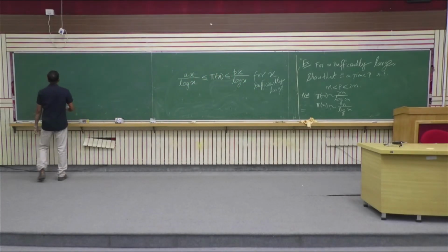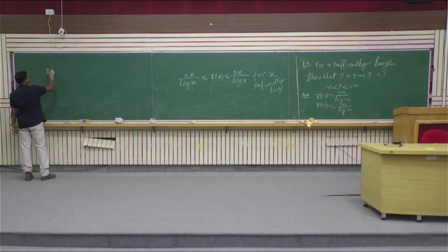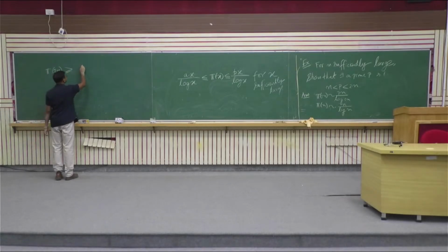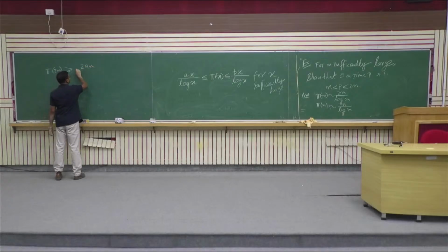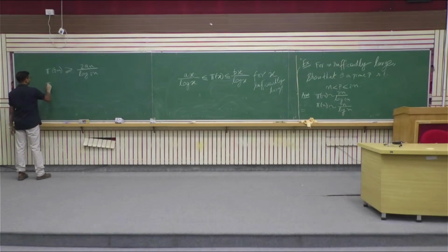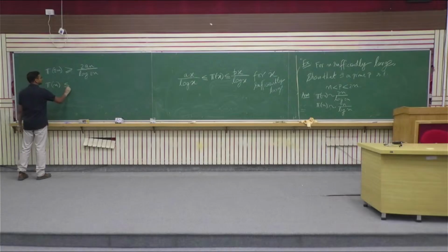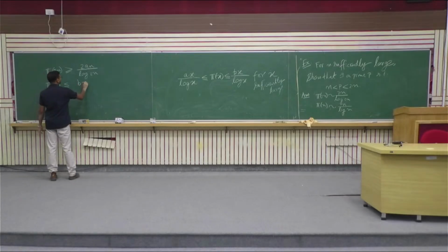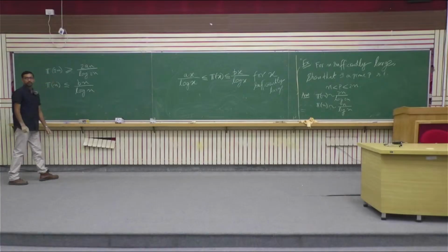Okay. So note that pi of 2n is larger than or equal to 2an by log 2n, and pi of n is smaller than bn by log n, right?